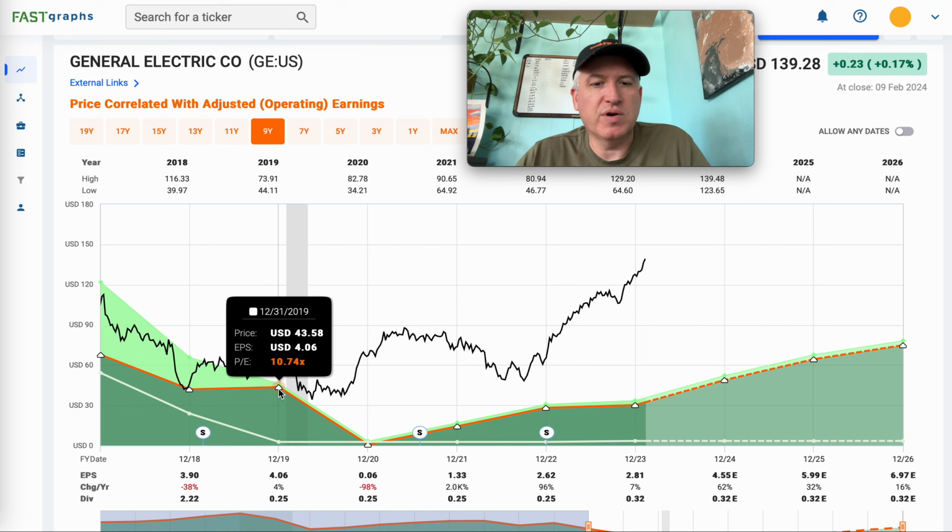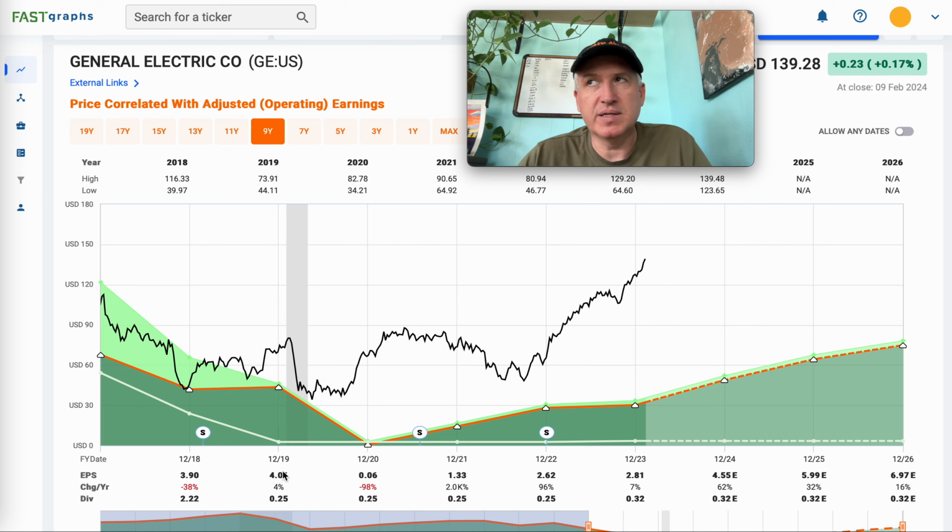But I would look at the earnings for 2019. We have $4 in earnings. We've had at least 20% inflation since then, probably more like 25% by the time we get into next year.